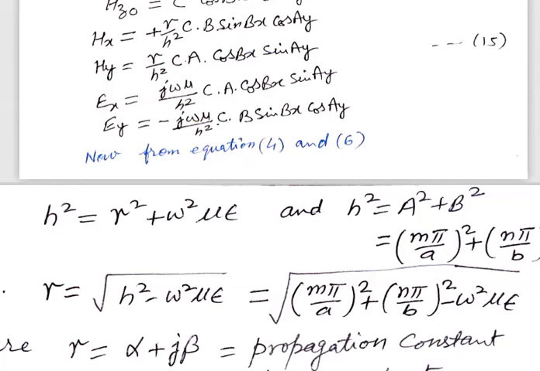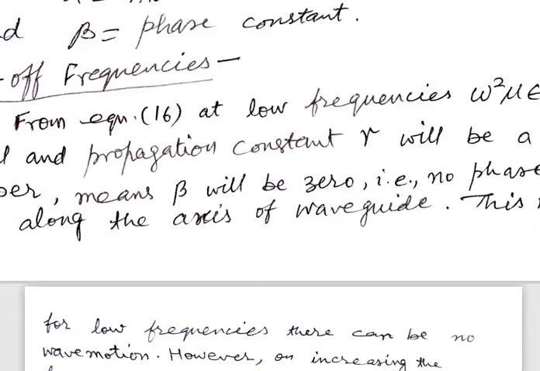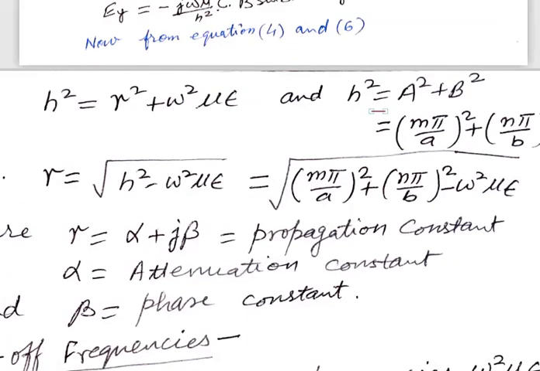And from this equation, if we find out the value of gamma, which is under root h square minus omega square mu epsilon, substituting the value of h square, which is m pi upon a whole square plus n pi upon b whole square. So in this equation, the propagation constant gamma is equal to alpha plus j beta. Alpha is the attenuation constant, beta is the phase constant.